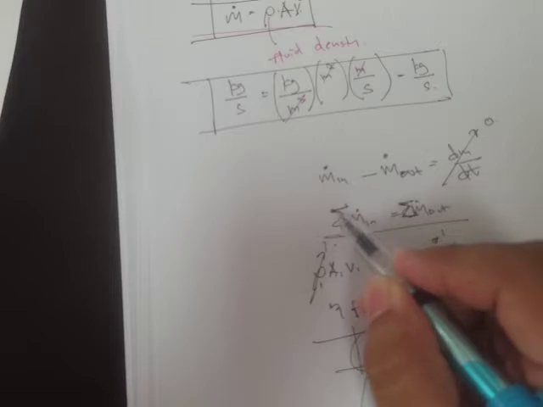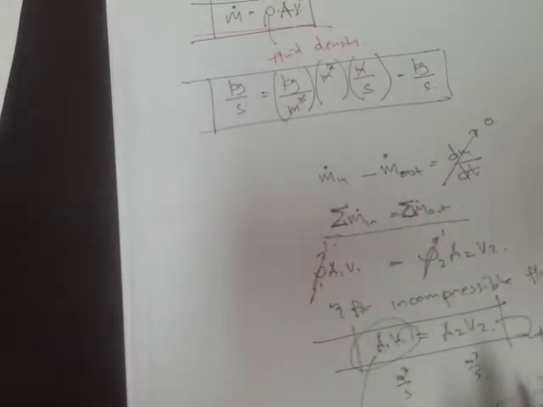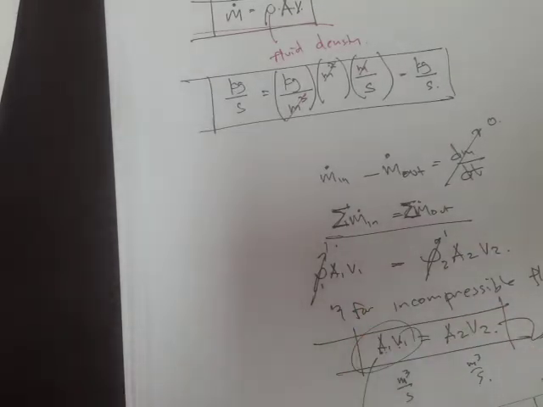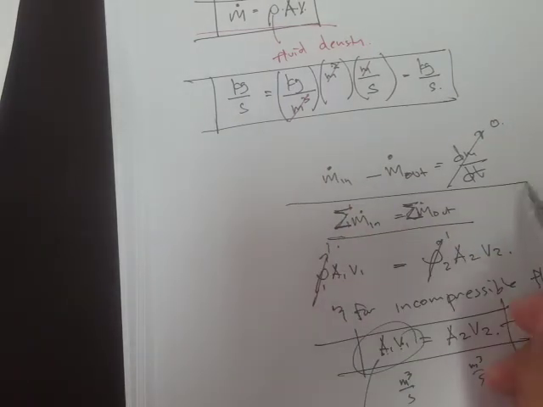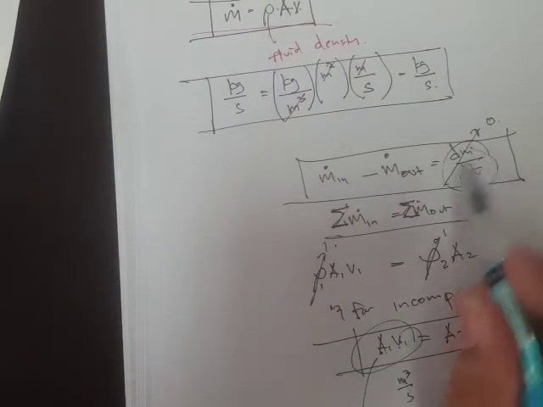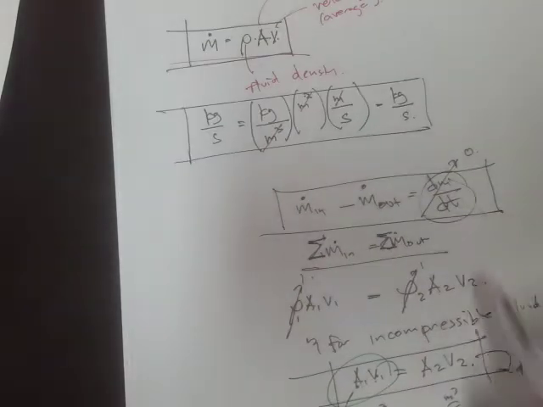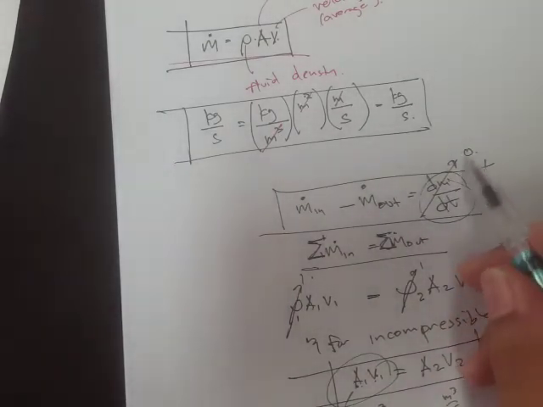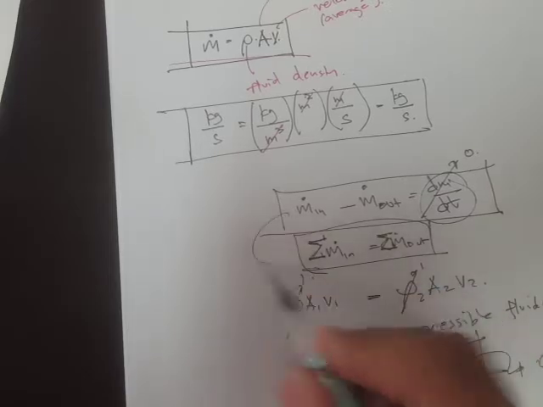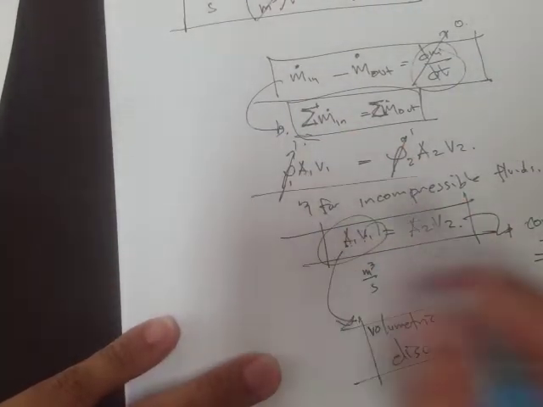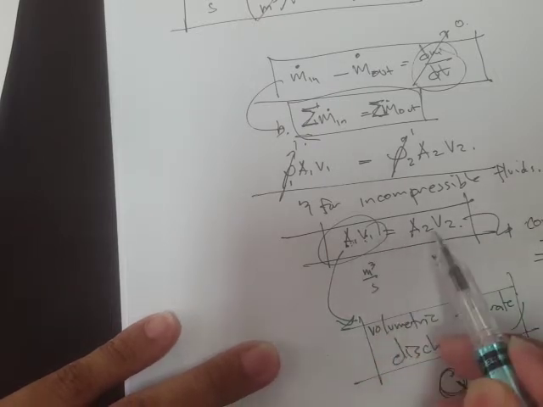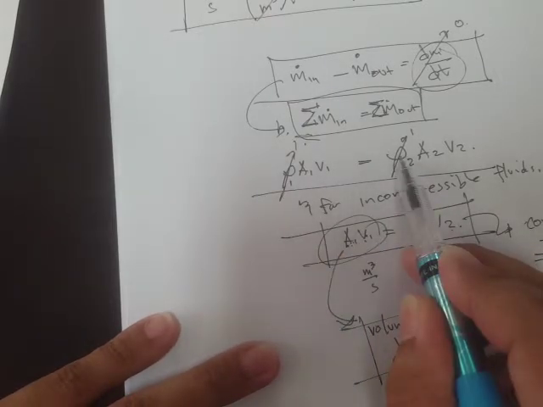Just remember the main idea, that the mass in the system is conserved, and that means that the mass in minus the mass out is just equal to the rate of change of mass. And if we have a steady flow condition, this is 0, therefore this is the resulting expression. If we substitute the equations, we get A1 V1 is equal to A2 V2.